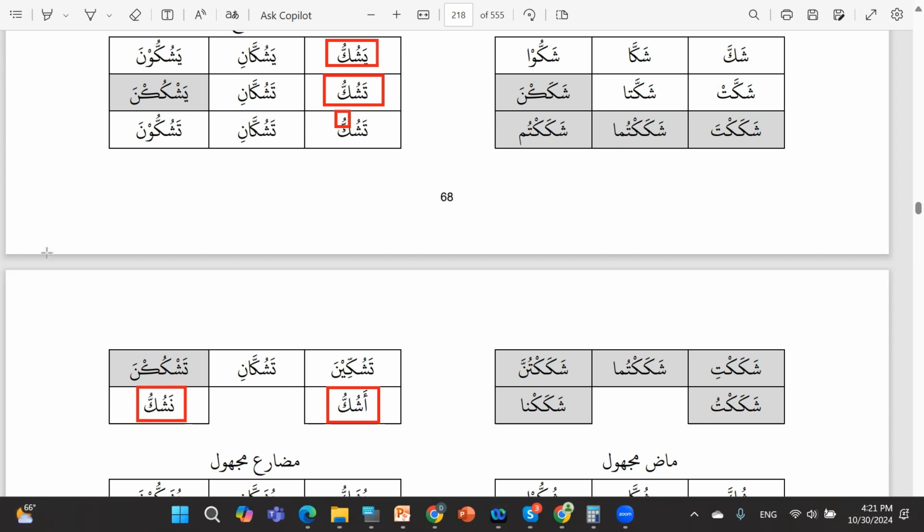In mansub form, they would take fatha. If you want to make it mansub or light, you just put fatha on it, and there is only one mansub form, one light form. But in the lightest form, they have three versions. And for the rest of the group, where this noon is there when it is regular, you remove the noon when it is light or lightest.